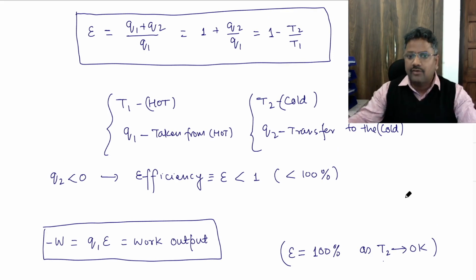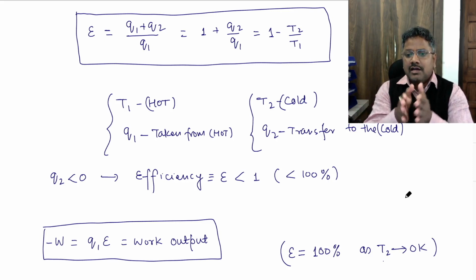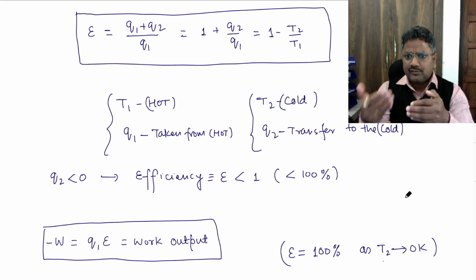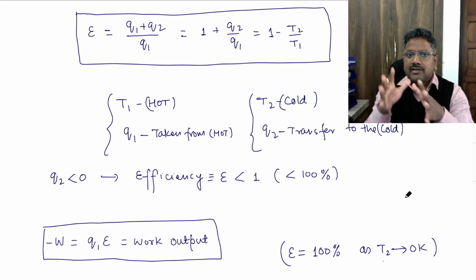So this is all about the Carnot engine, Carnot cycle, heat engine, and efficiency of any heat engine, and that the ratio of Q by T is constant in a cyclic process made of isothermal and adiabatic steps, the theoretical cycle known as the Carnot cycle.